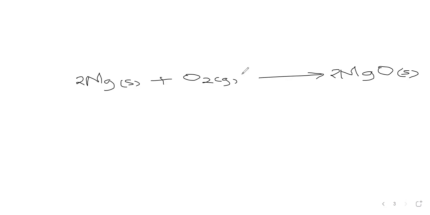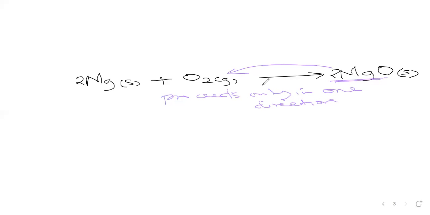This reaction proceeds only in one direction, the direction that leads to formation of magnesium oxide. By hook or by crook, magnesium oxide will never form magnesium and oxygen again. So this is a chemical change. It's not a physical change.